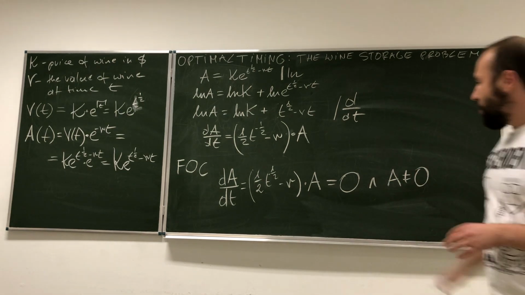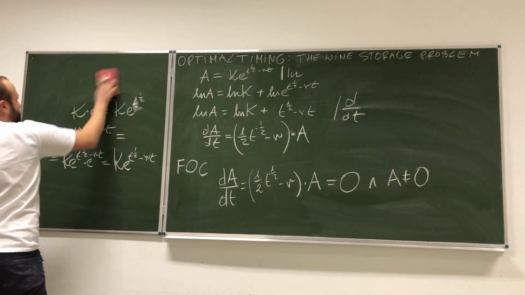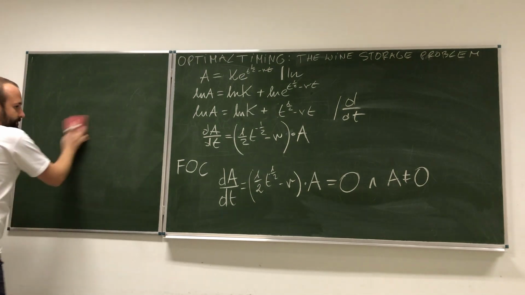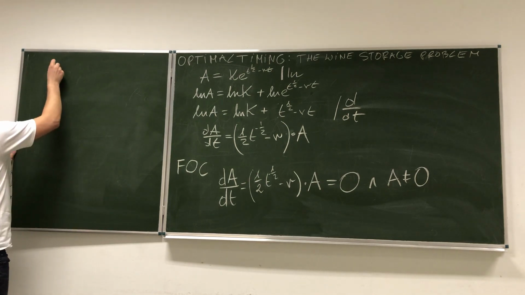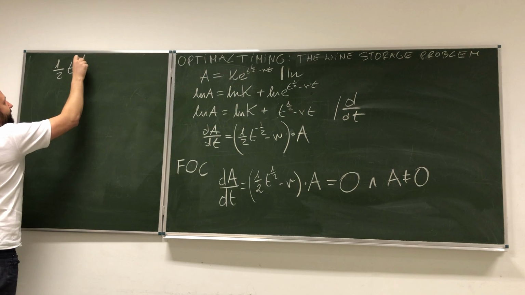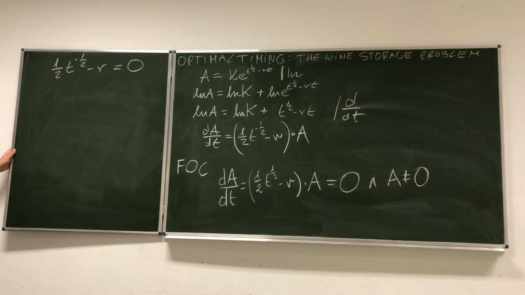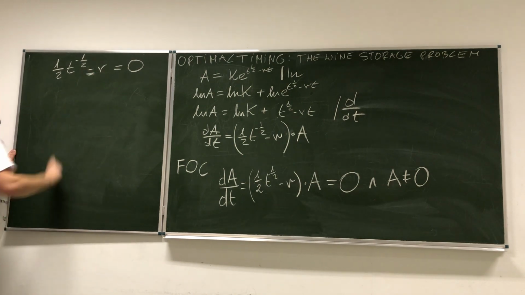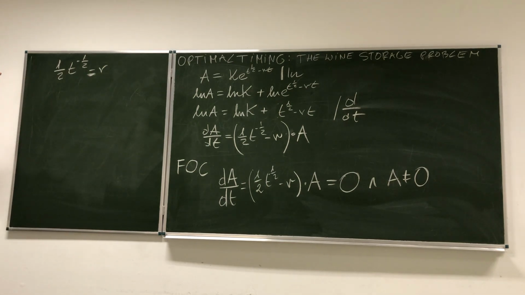So look, all we get from this is a very simple condition that 1/2 t to the power negative 1/2 minus r equals 0, or that 1/2 t to the power negative 1/2 equals r.